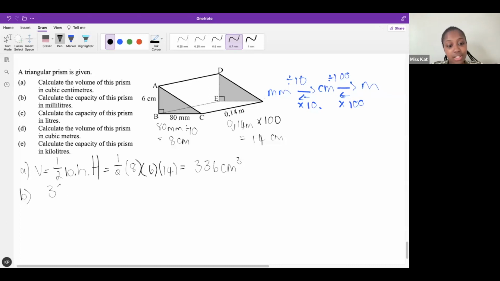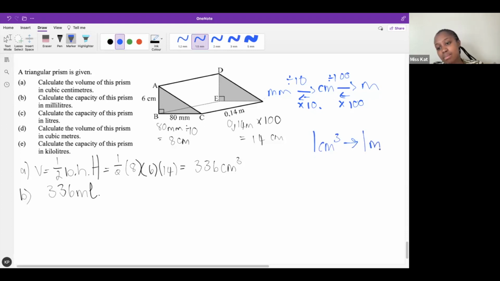So it's 336 milliliters. Thank you very much. That is correct. Okay, so the conversion says, remember guys, if you don't know your conversions, 1 centimeter cubed is equivalent to 1 milliliter.